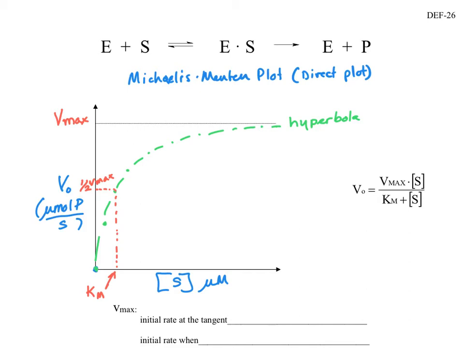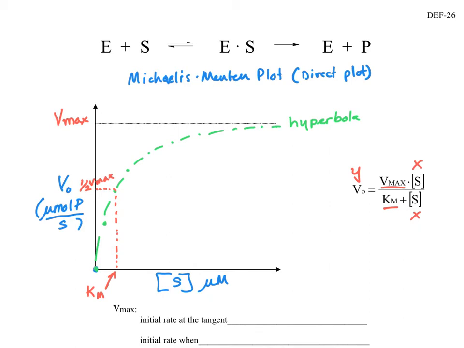Okay, let's define a few more things on this page and leave it at that for this video. First of all, let's take a look at this equation over here. What this equation is is a y-axis, that is velocity, as a function of an x-axis, that is substrate concentration, with two constants, Vmax and Km. We've already defined those on our curve.